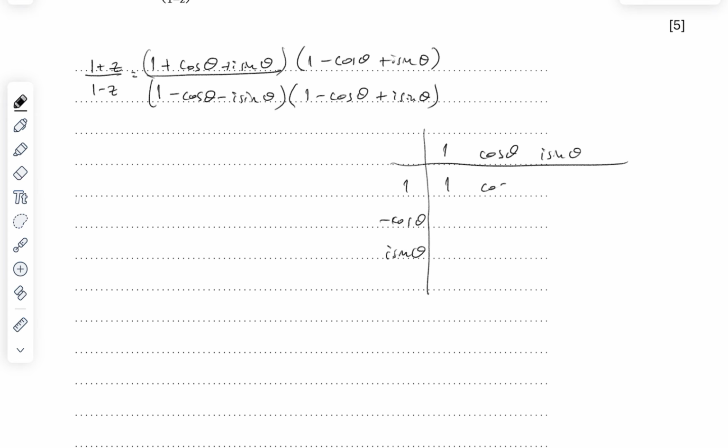So 1, cosine theta, i sine theta. This is negative cosine theta, negative cosine squared theta, and negative i sine theta cosine theta. i sine theta, i sine theta cosine theta, and i squared sine theta is negative sine squared theta.